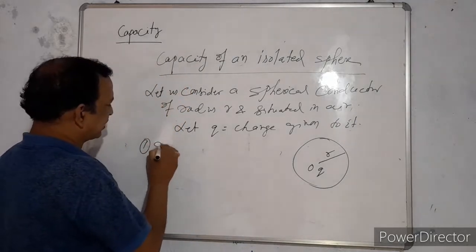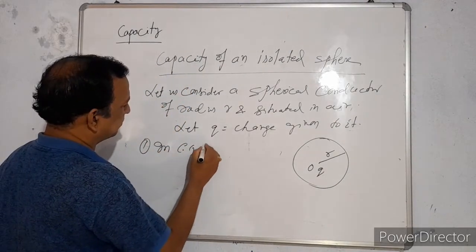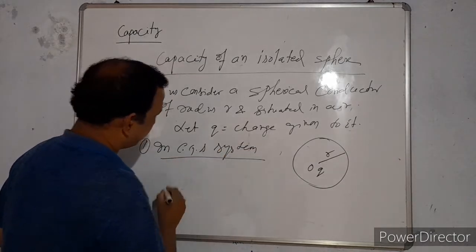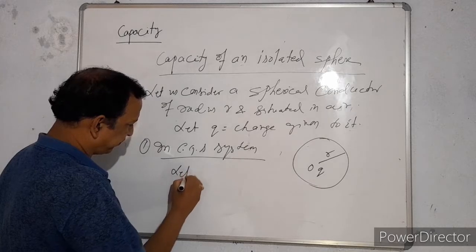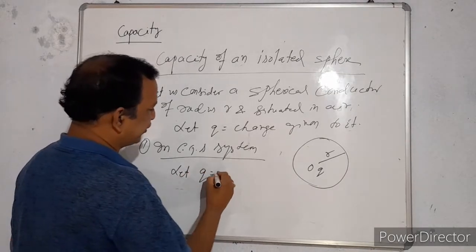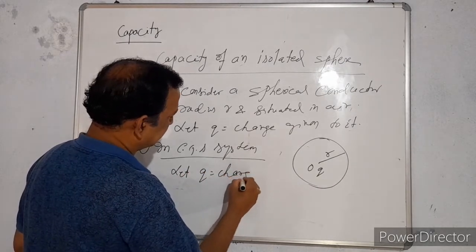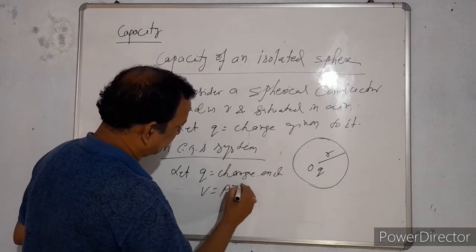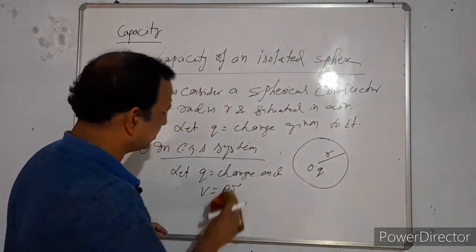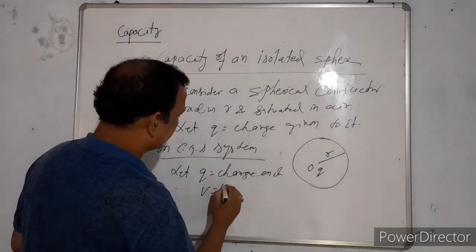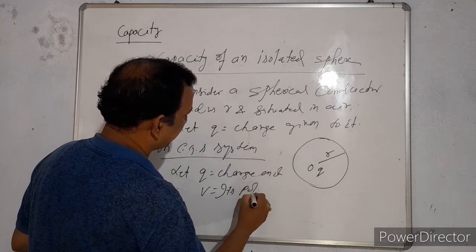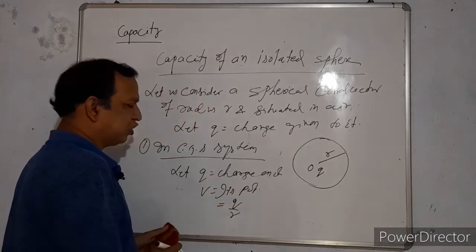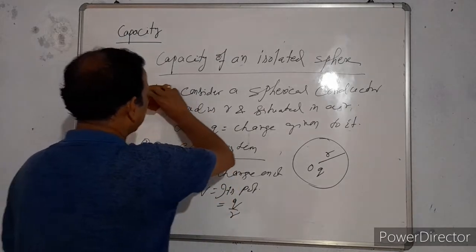First in CGS system. Q is equal to the charge on it, V is its potential, so that is equal to Q by R. So what is capacity?